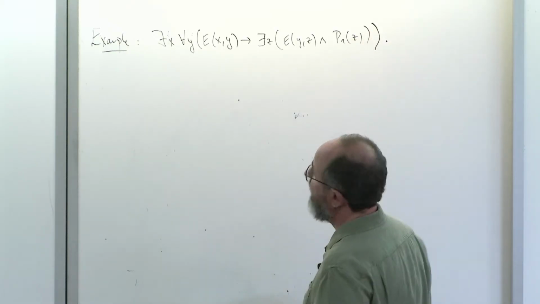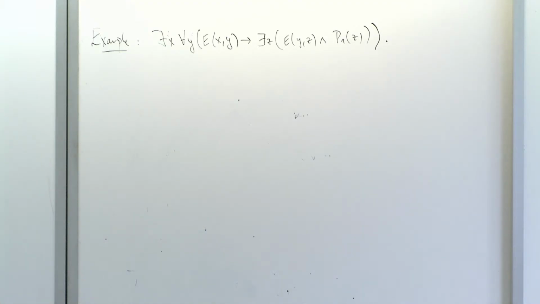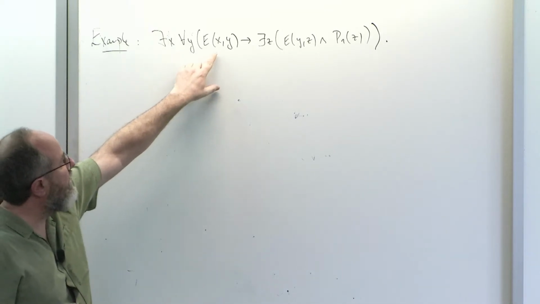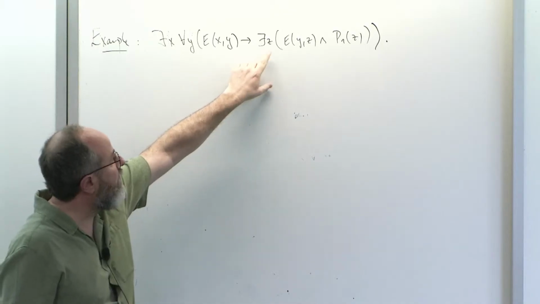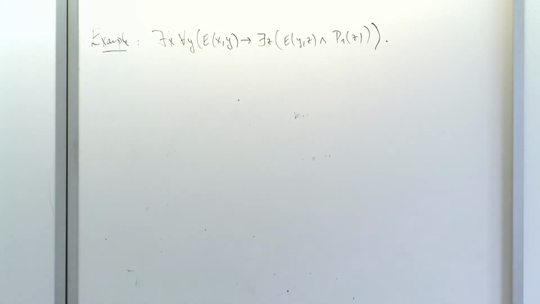This formula expresses something, right? There exists a node such that every node that is adjacent to it has some adjacent node that is labeled 1. How many variables are we using there? 3. X, Y, and Z.